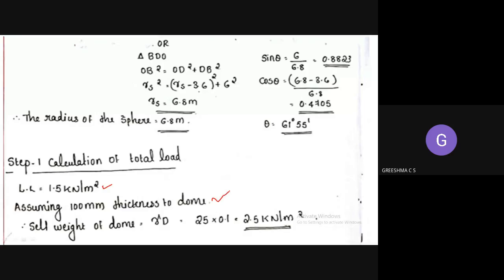Okay, self weight നമുക്ക് കിട്ടി. Self weight means unit weight of RCC into thickness. So now we know the live load, we know the self weight. Next is you have to find out the total load.